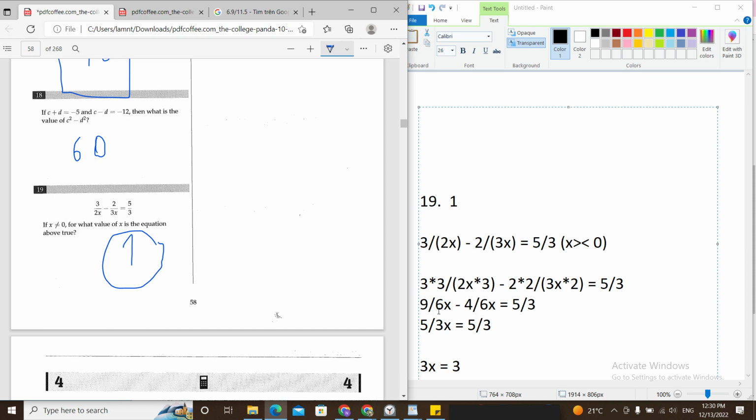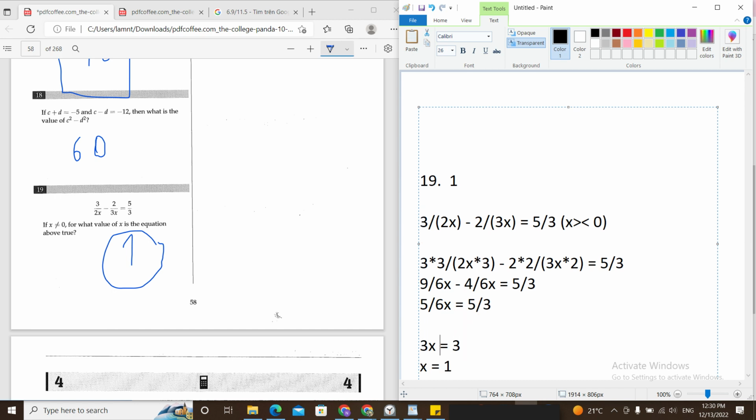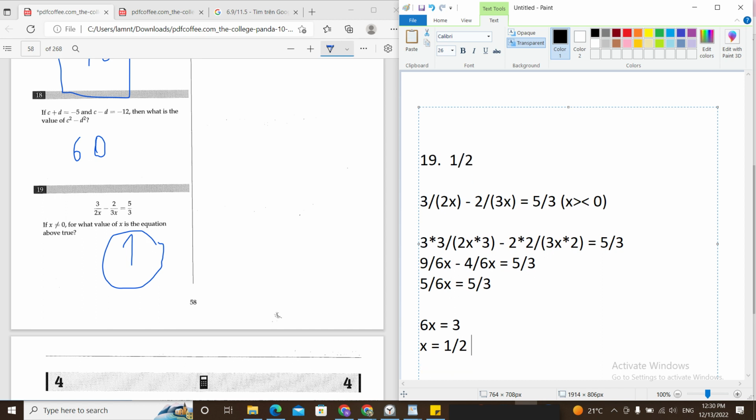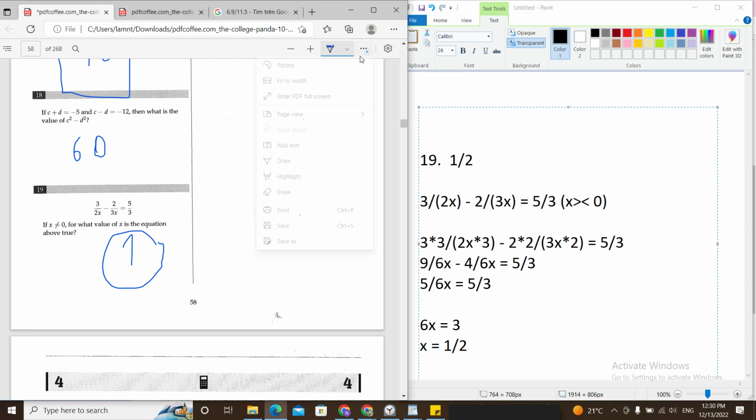So I am sorry, it's 5 over 6x here, because of the common denominator. I was making a wrong assumption. Equal to 5 over 3, that's correct. So 6x is equal to 3, so x is equal to a half. So the answer is actually a half. Sorry, my bad in the calculation. So a half is the answer for number 19.